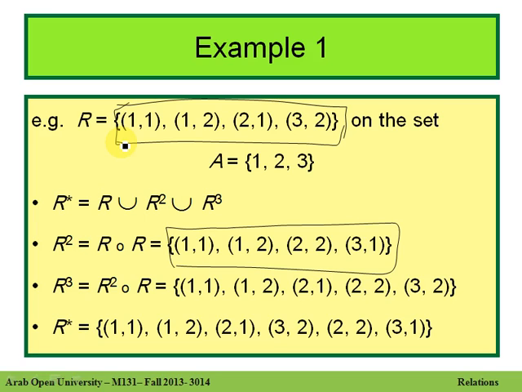1 comma 2. No, it should be A, B and B, C you have to take. And then you take AC. A B and B C. You take A, B and you take in the other relation what you have, B here.